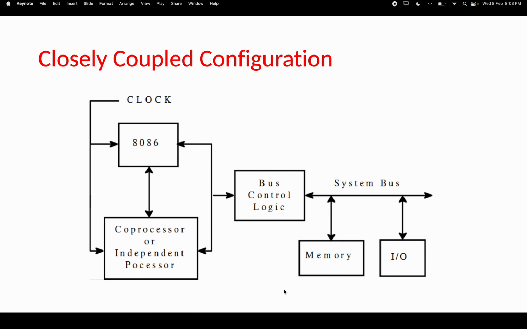That is the main difference. If you replace the block below with a coprocessor, that is coprocessor configuration. If you replace it with an independent processor, that is closely coupled configuration. In both cases, they use common bus control logic, common memory and common input output devices.